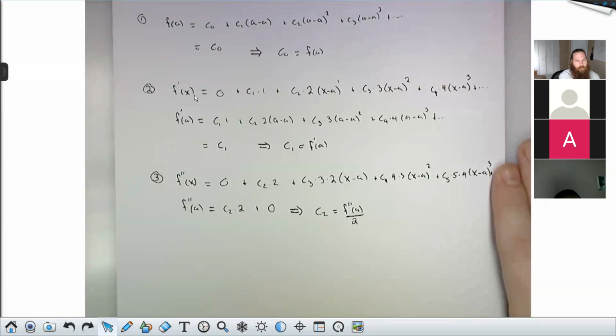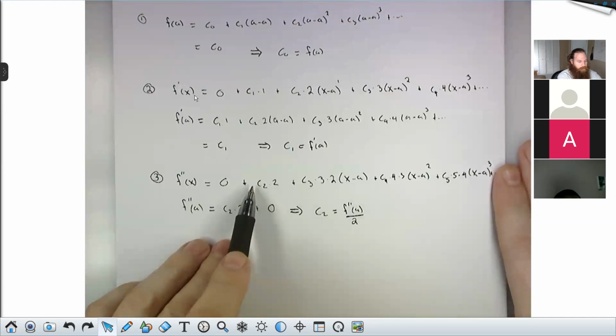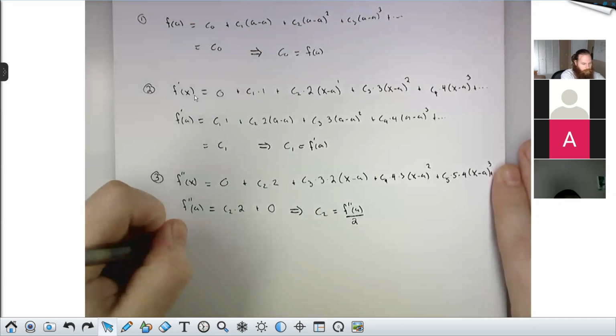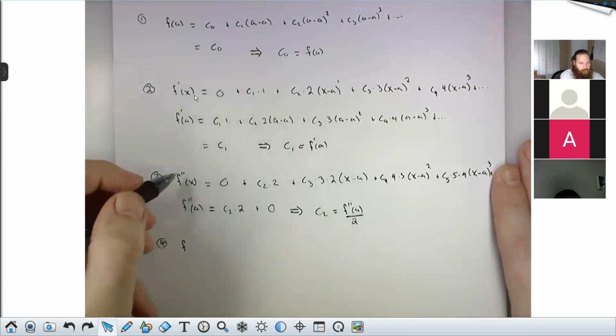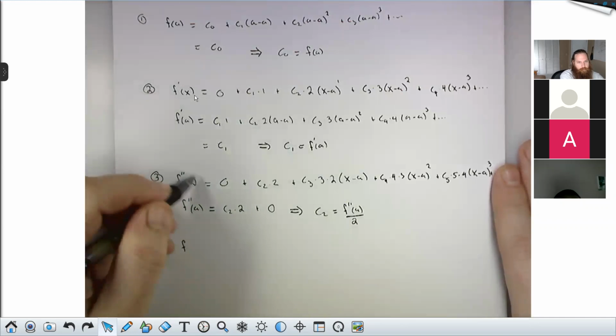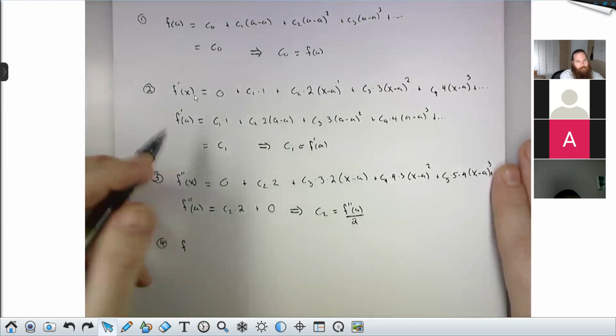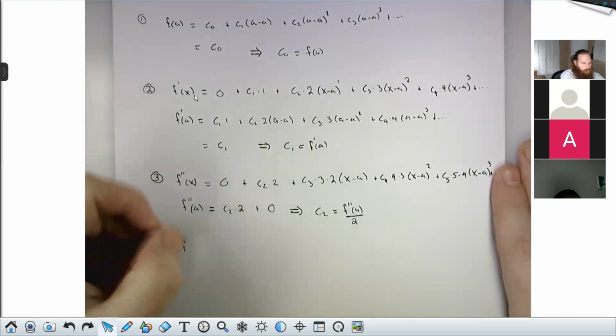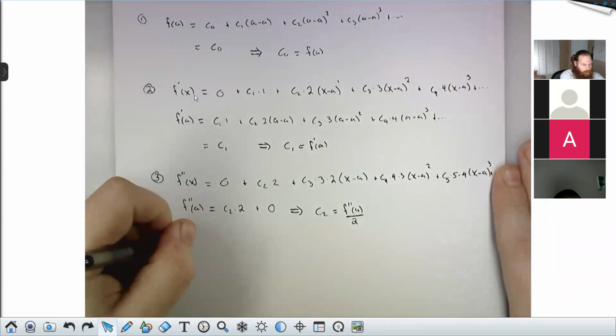And you can see how this is going to go. To get the next coefficient, I will differentiate the series again and then plug in the center again. So the third derivative of f, and this is where we change our notation, right? For 0 derivative, 1 derivative, 2 derivative, the prime notation works nice. But for higher derivatives, we use this notation.